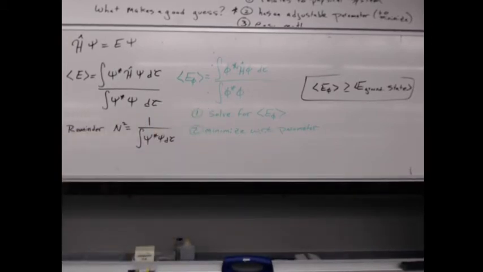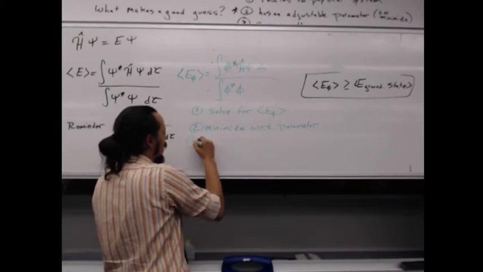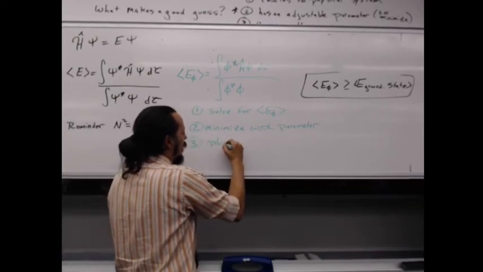Whether you want to call that parameter alpha or A or Z effective, there's going to be some parameter that you're going to allow in your problem that you're going to tweak. And you're going to minimize with respect to that parameter.